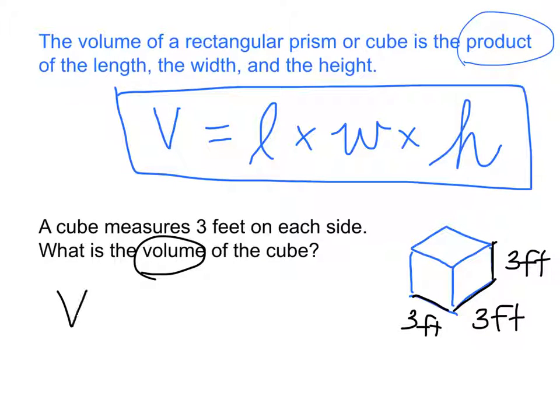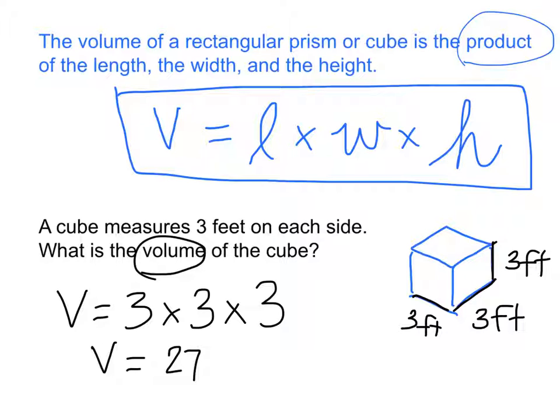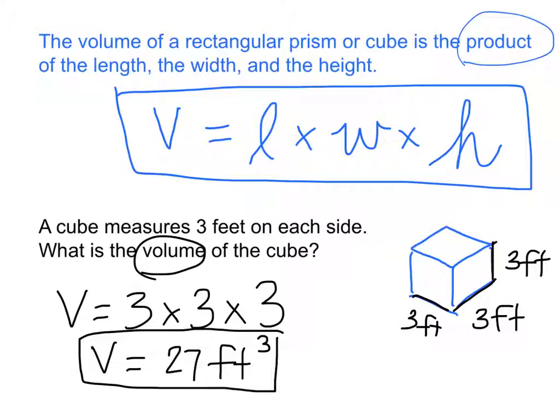So the volume, V for volume, will equal the length, 3 feet, times the width, 3 feet, times the height, 3 feet. So what's 3 times 3? 9. Good. And then times 3? 27. So we know that the volume is 27. What's my units? Cubic feet. So you would write feet with a little 3. The volume is 27 cubic feet.